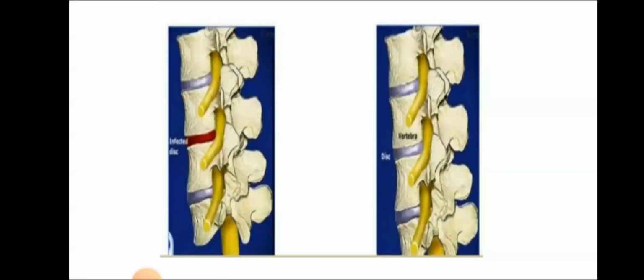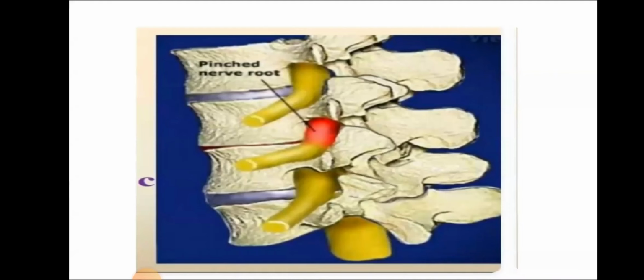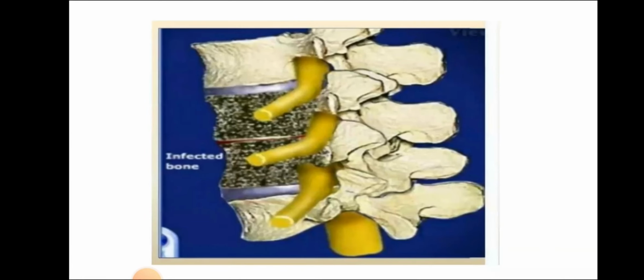First, the bacilli from the primary focus reach the disc space through the bloodstream. Once it is infected, the soft nucleus center and fibrous annular wall weaken, decay, and collapse. This causes the disc to close, squeezing down on the nerve root, causing pain. The infection spreads to vertebral bodies above and below the disc.